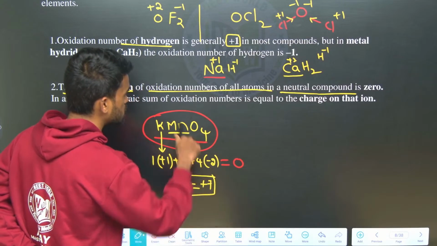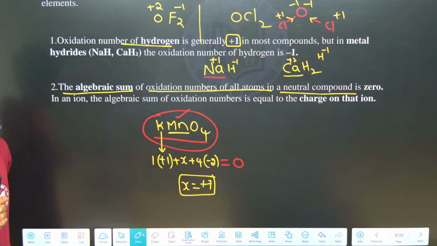So +7 is the oxidation state of manganese in KMnO4.